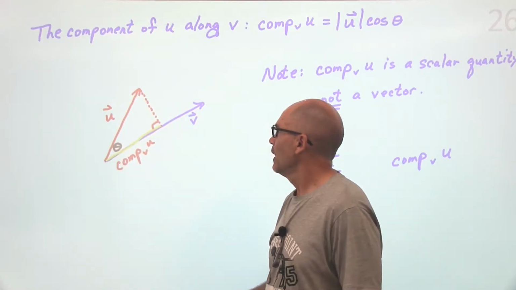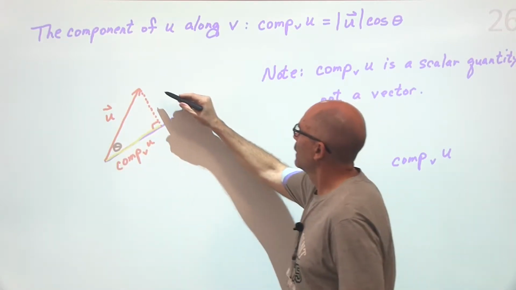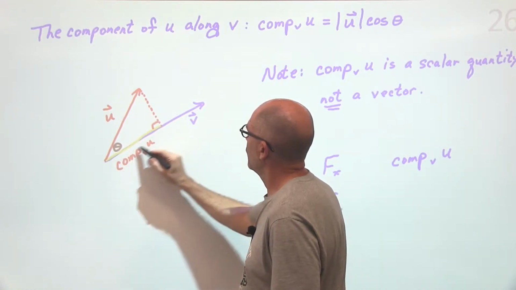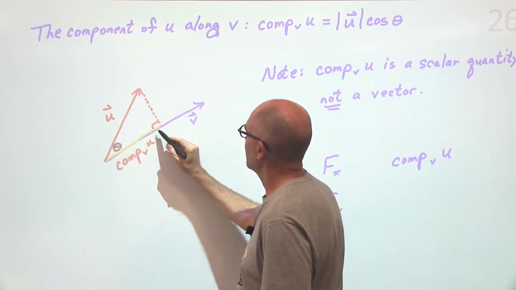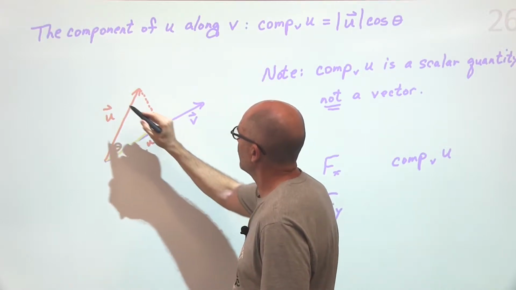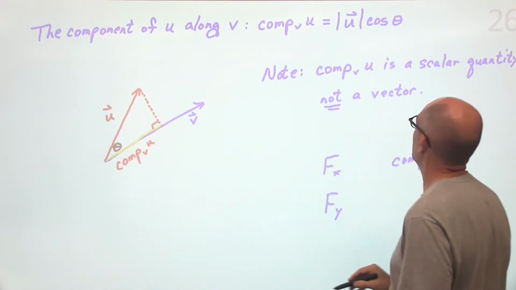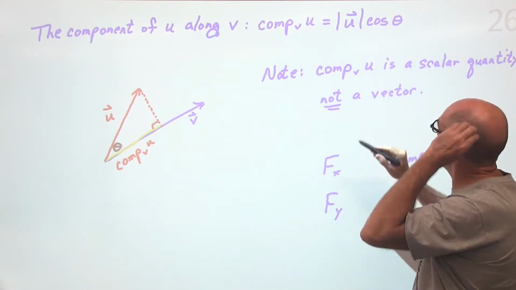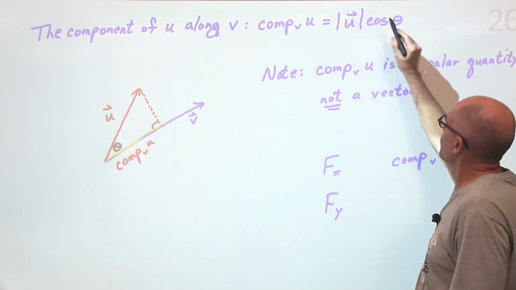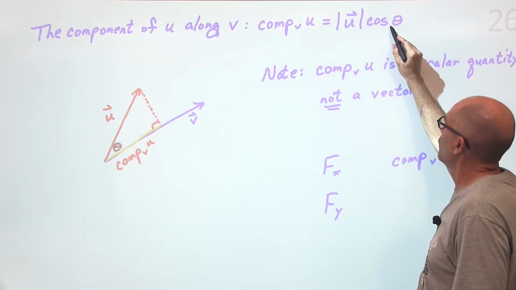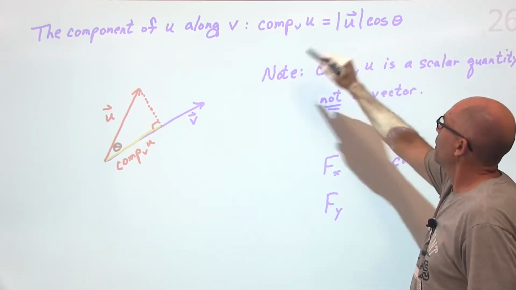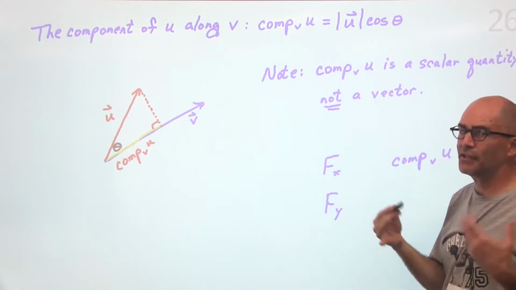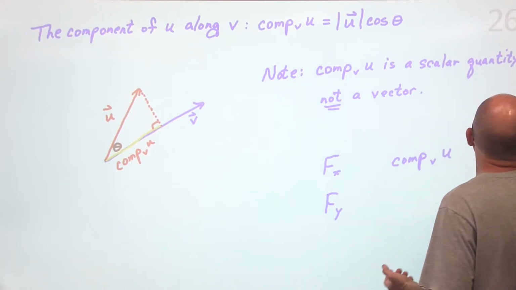That's it. Notice if I look at this triangle here, the component of u along v is the adjacent side, so adjacent divided by hypotenuse. What's the hypotenuse? It's the magnitude of the u vector. So all I do is take the magnitude of u times cosine of the angle in between u and v, and that's the component of u along v. And like I said, it's just a distance.